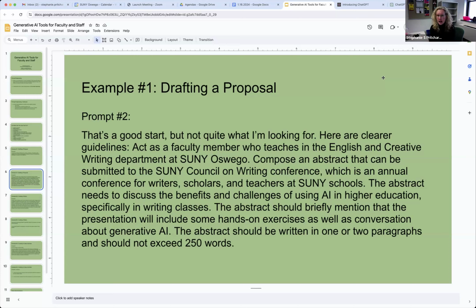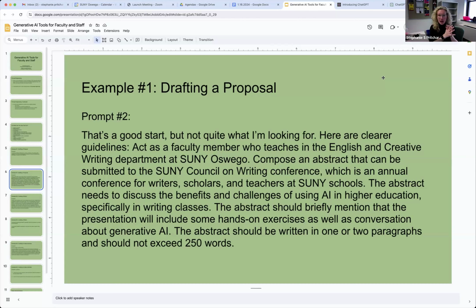Here are clearer guidelines. Act as a faculty member who teaches in the English and Creative Writing department at SUNY Oswego. You'll notice that now that I've given it this information, it will integrate this information into the proposal, which is not really ideal, but it is interesting to see what you add and what those additions do to the finished product.